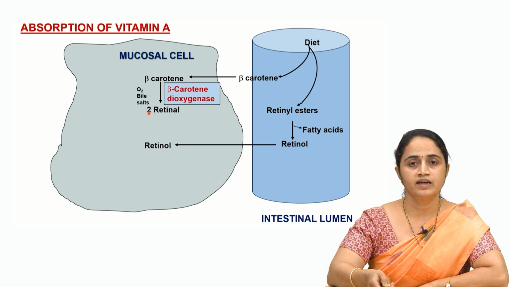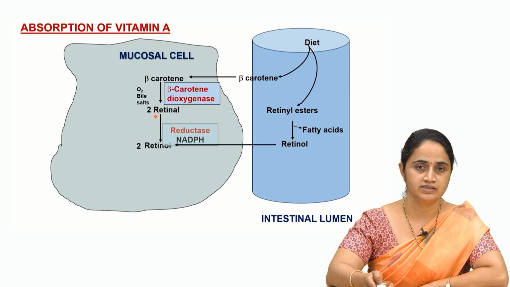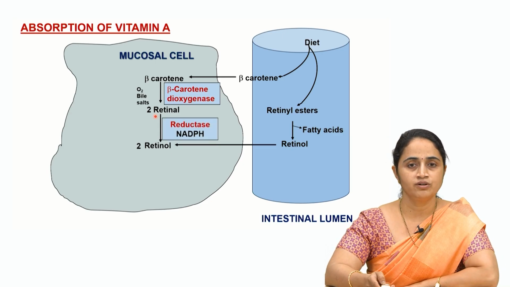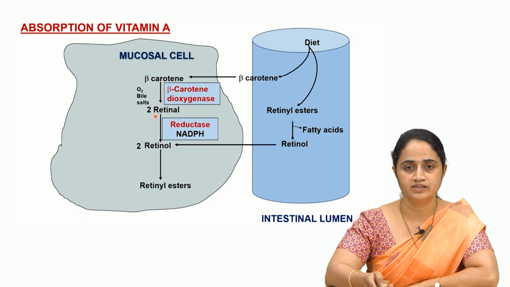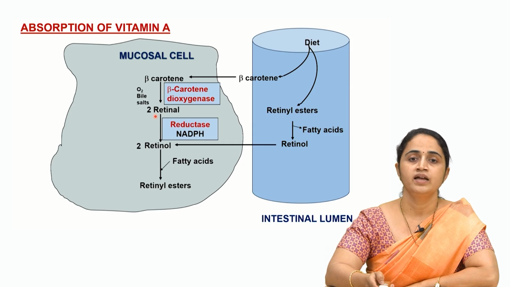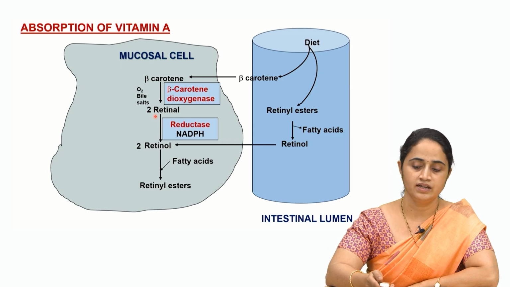So, retinal can be easily converted into retinol by the reductase enzyme, which is NADPH dependent. So, two molecules of retinol are formed, which are converted into retinyl esters by the addition of fatty acids. So, fatty acids get esterified to the retinol and retinyl esters are formed.